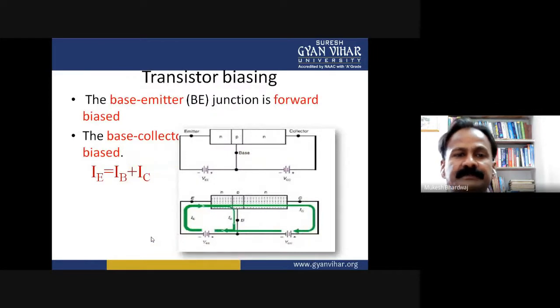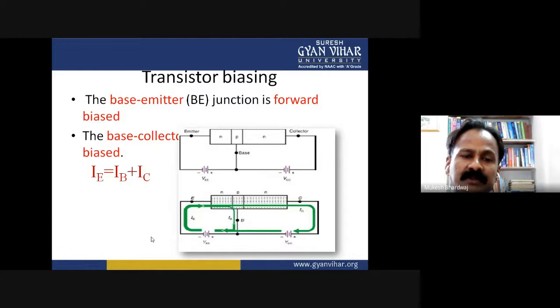Transistor biasing: the base emitter junction is forward biased. In the first case, the emitter base junction is forward biased and the base collector junction is reverse biased.